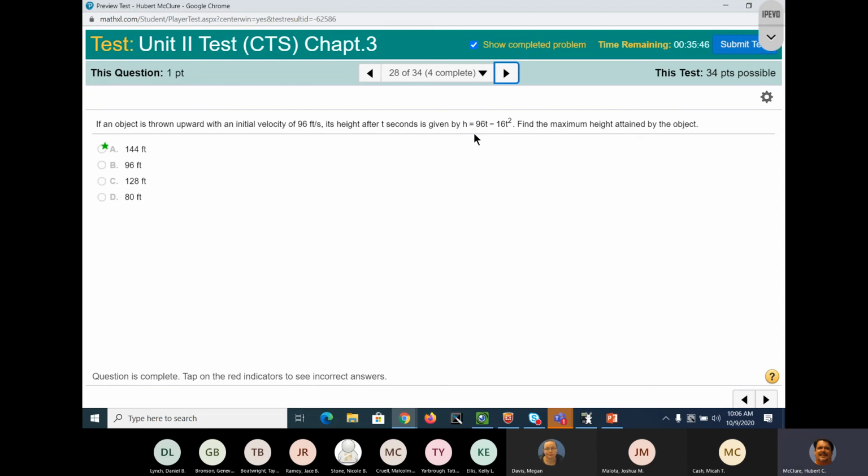Find the vertex. What is the vertex? It's your highest or the lowest, depending on concave up or concave down. So when they say max or min, they want you to find the vertex.